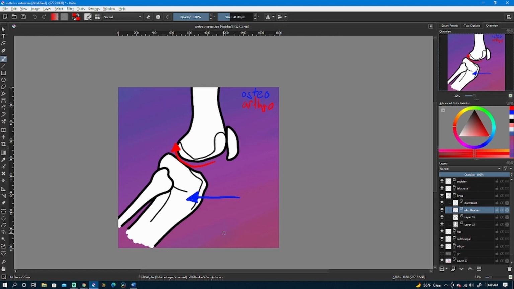So in this situation, we have a concave surface, the surface of the tibia, moving on a convex surface, the surface of the femur. And at that articulation, the concave is moving on the convex, and they are moving the same way. They are both moving posteriorly.